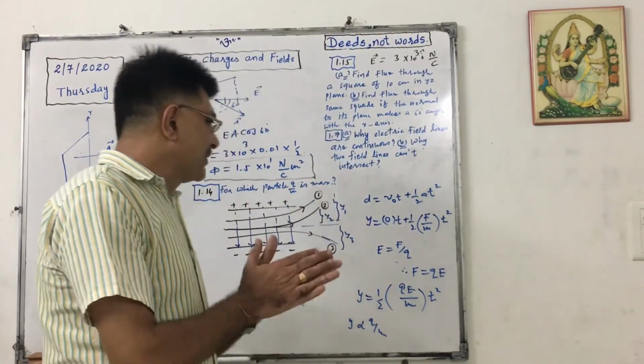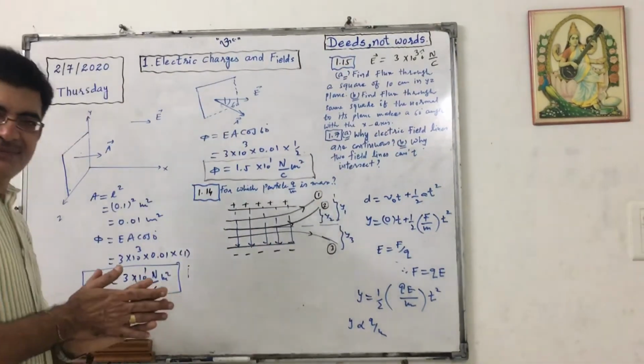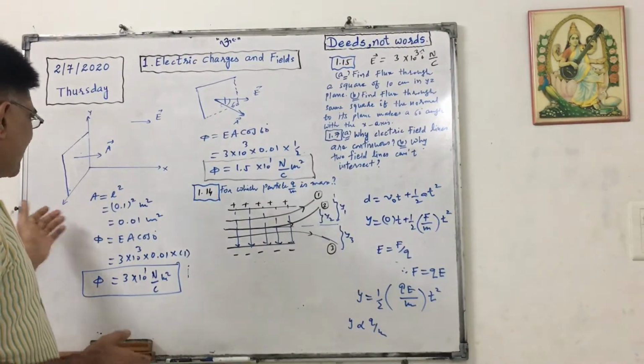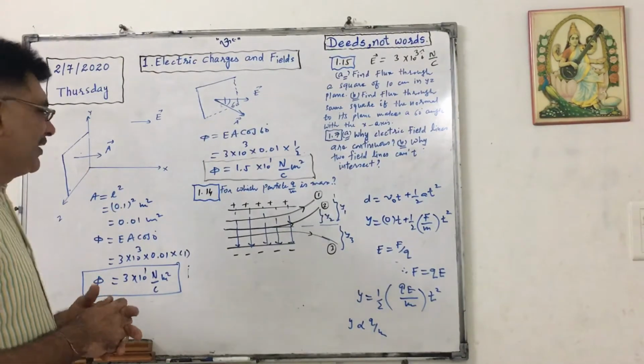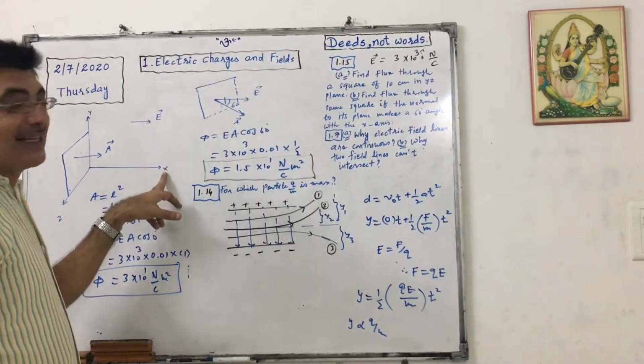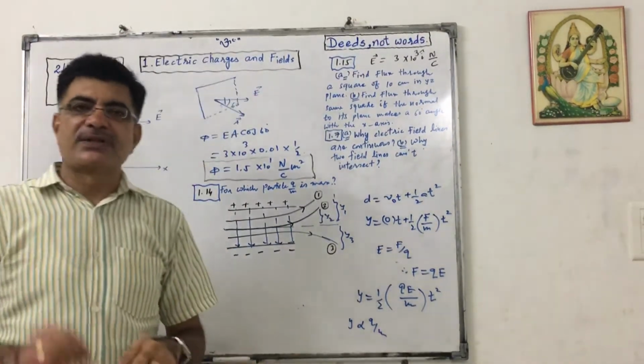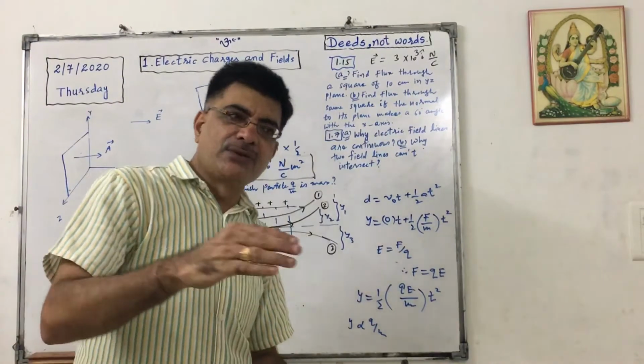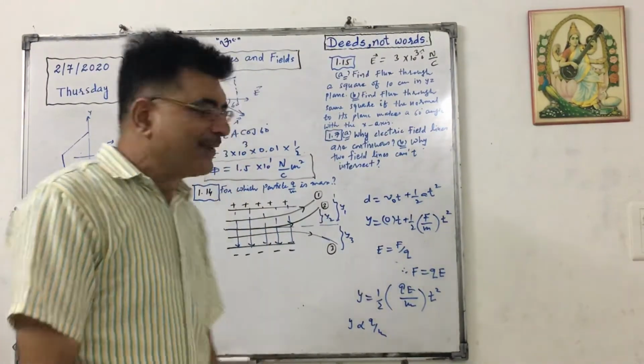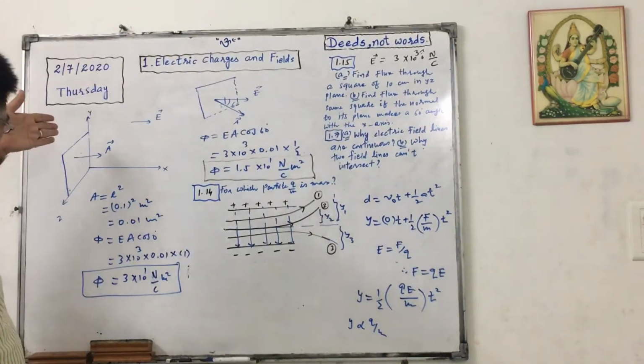Now see, this is the field. This is the x-axis, y-axis, z-axis. Normally axes are denoted by capital letters; in our textbook, for some reason, they have used small letters. Actually, small letters we use for coordinates. Now see, this is the square.